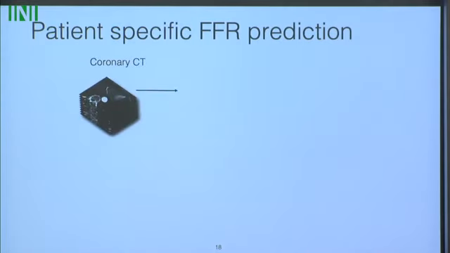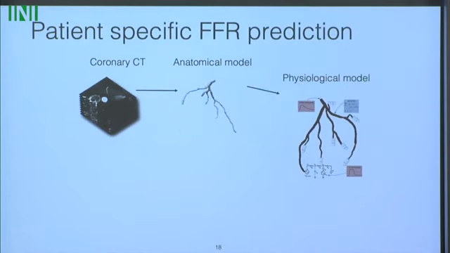And we have a project where we aim at doing more or less the same as HOPRO, but with different modalities. We will use coronary CT. We will then create an anatomical model and a physiological model, which can be 3D, so segmentation, and then some model predictions, which can either be 3D or, what I will come back to later on, a reduced order model.